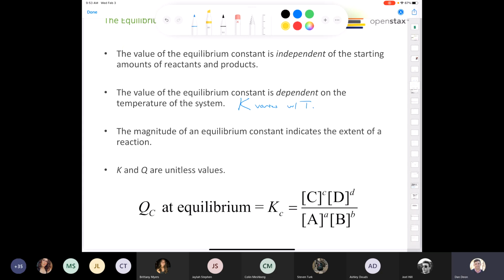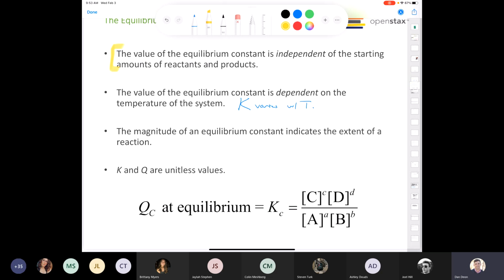This is something that for some students is very intuitive, but for others it's more complex, and I have a couple slides to explain this. But the value of K, big K, is not going to depend on the concentrations of the starting reactants or products. The reaction is always going to do what it has to do to establish the equilibrium constant.